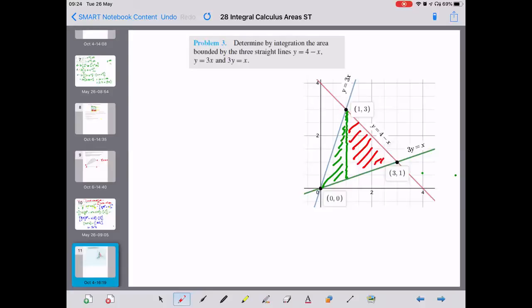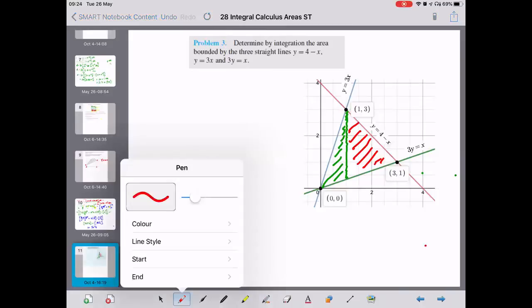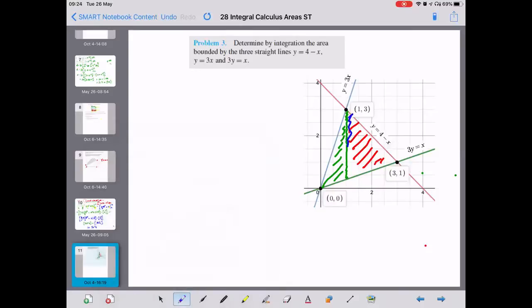And we can find the red area by finding this area here and taking that bit away.